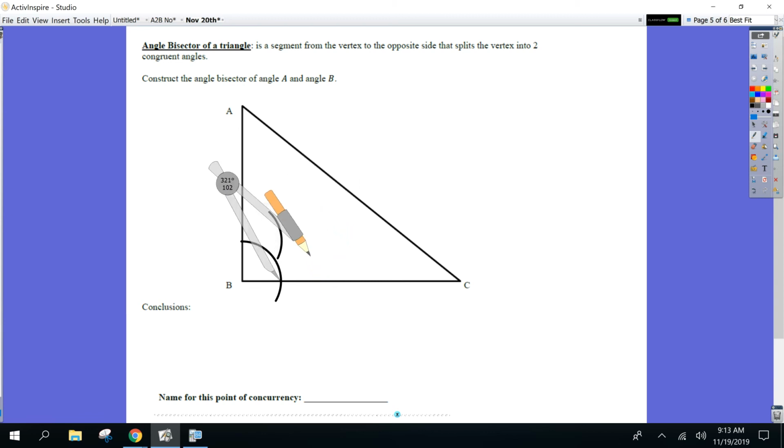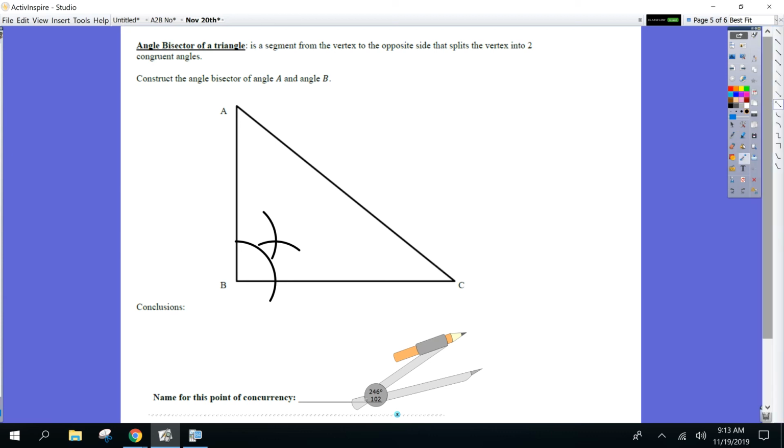Little fireworks action. And do the same thing for angle A up top.